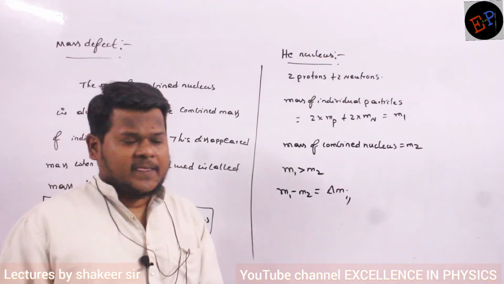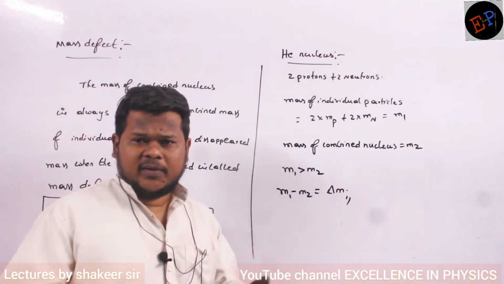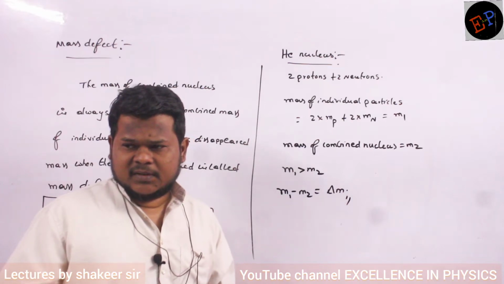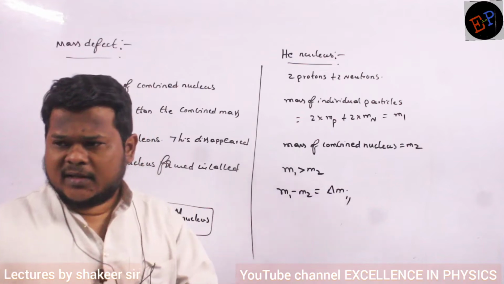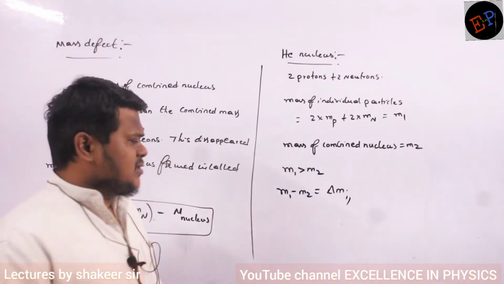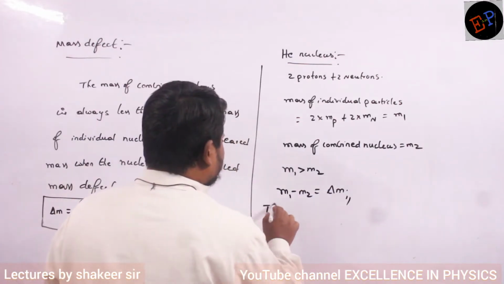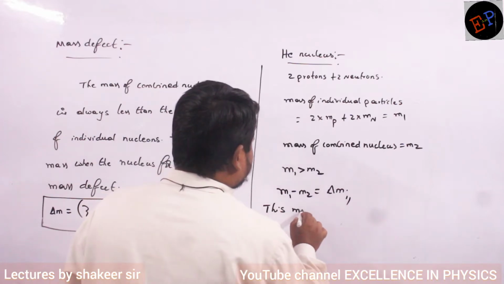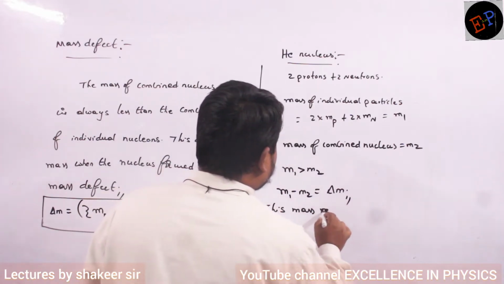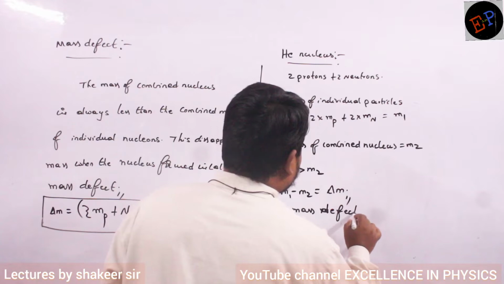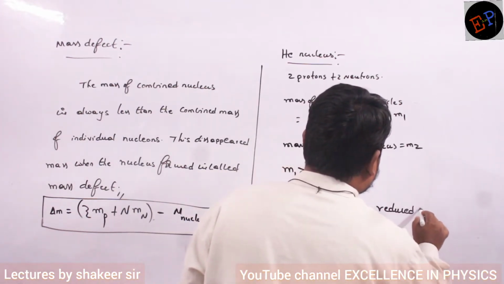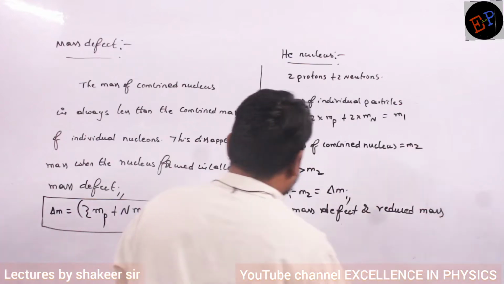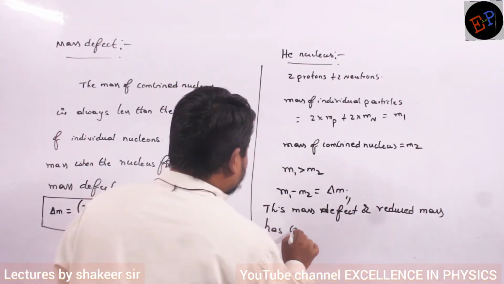Okay. So what happened to that remaining mass? That remaining mass has been converted into energy. Are you able to understand? So therefore what I say, this mass defect, or reduced mass, has converted into what?